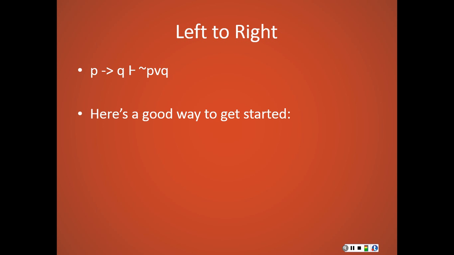So here's a good way to get started in proving the left to right direction. Of course, we write down our premise, and it's a good idea to go ahead and try to do this proof by way of reductio ad absurdum. So I will assume the negation of what I'm trying to prove.